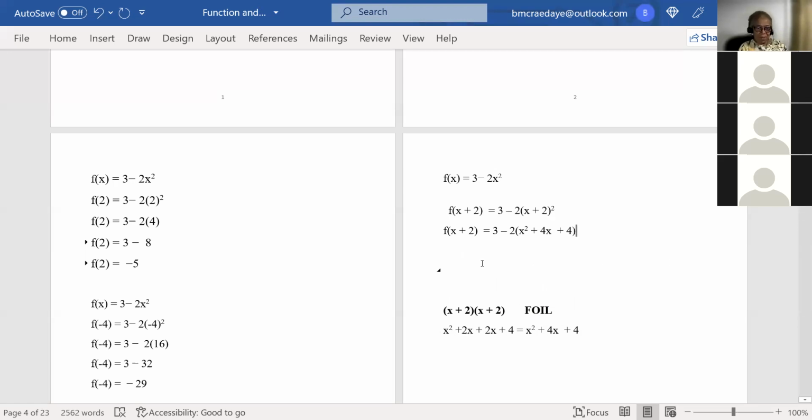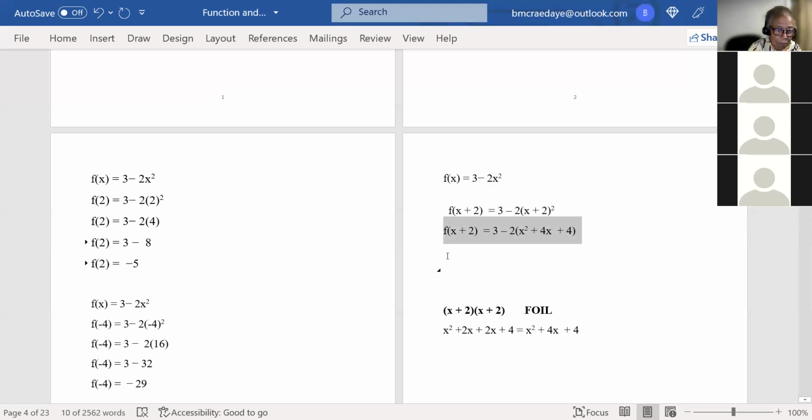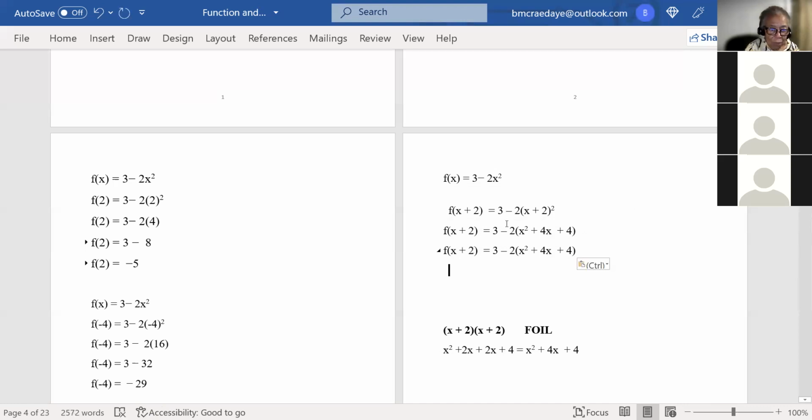So multiply that out and combine your like terms. So what does that give you, Audrey? Multiply 2 times everything in parentheses. What do you get? Minus 2 times x squared is a minus 2x squared, right? That's it. And what's a minus 2 times 4x? A minus 8x.